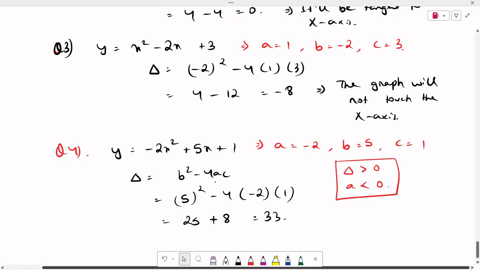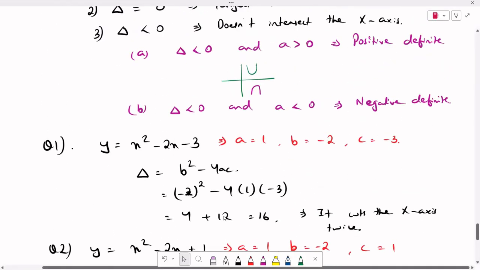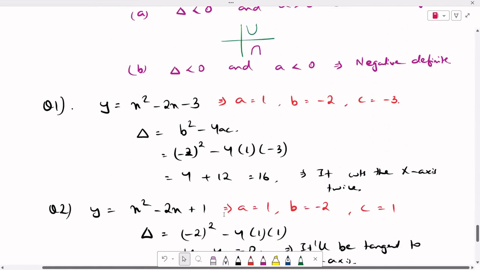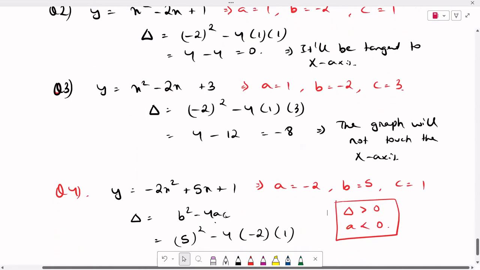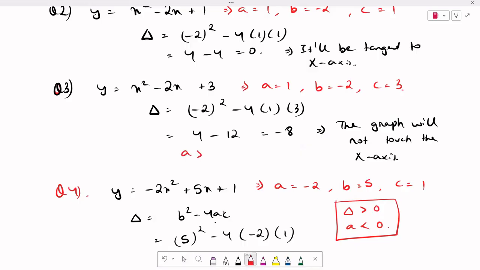You will think about positive definite or negative definite only if the discriminant is less than 0. For example, in question number 3, we found that the discriminant is negative. Let us look at the value of a. Since a is greater than 0, this curve will be positive definite. For question number 3, the graph will be positive definite. It will not touch the x-axis and it will be concave upwards.